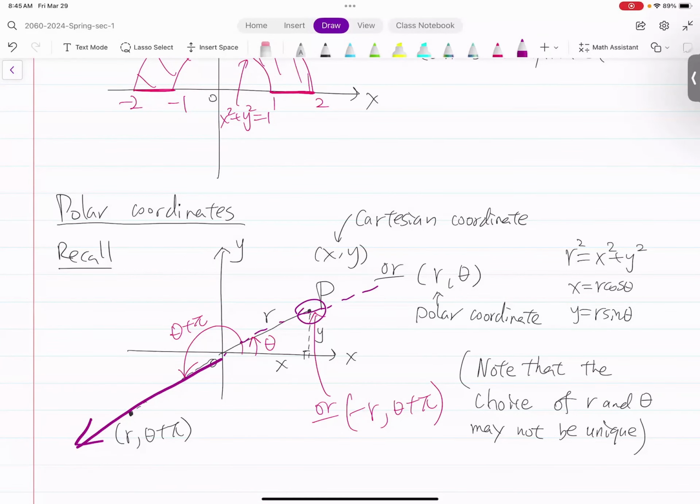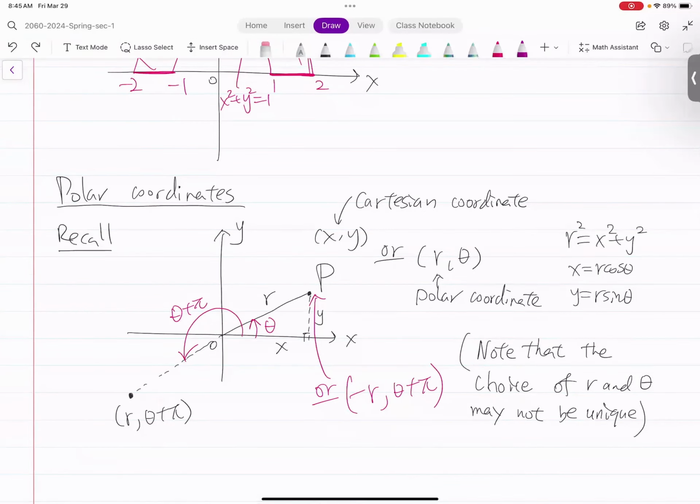Basically, if you increase the angle by pi, you are going to the negative side. And then if you change the sign of your distance, you get that point back. So that's exactly what it does. And of course, if you just add 2 pi, that's definitely going to give you the same point, right?